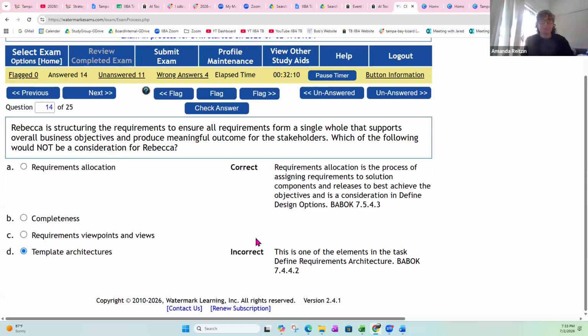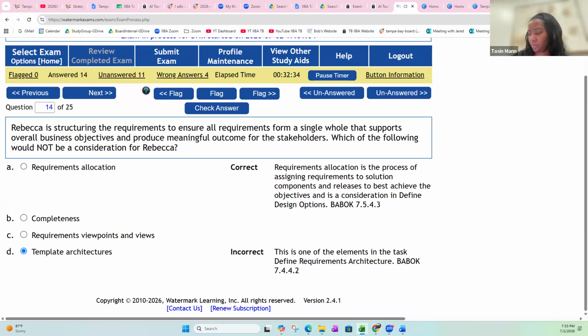Sounds weird. Apparently, I need to read chapter 7 again. So the elements in define requirements architecture: requirements viewpoints and views, template architectures, completeness. What is template architectures?